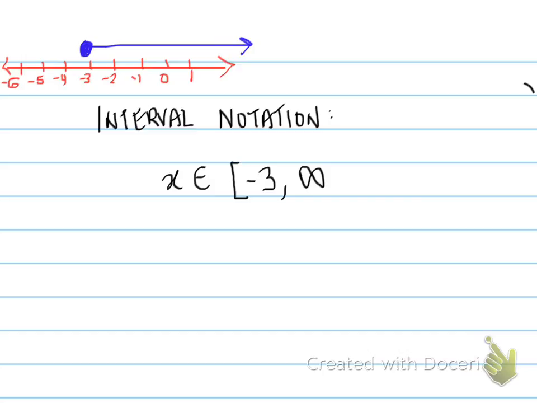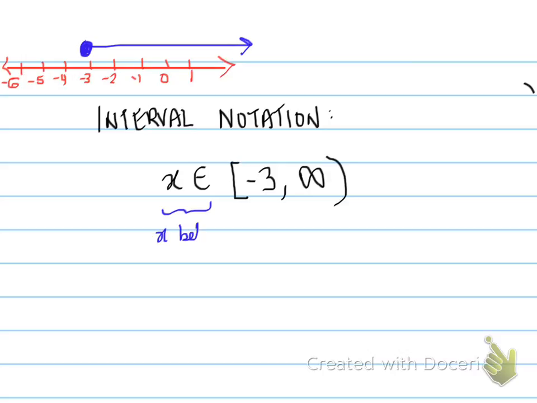Does infinity have an end? The answer is no, so we're going to have a round bracket at the end. And this, folks, is interval notation. This means we have a hard beginning at -3, and it goes off to infinity forever and ever. There's a soft ending to this, meaning that we don't actually reach a hard end.